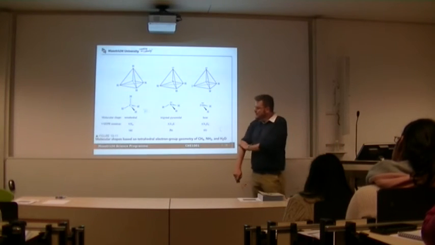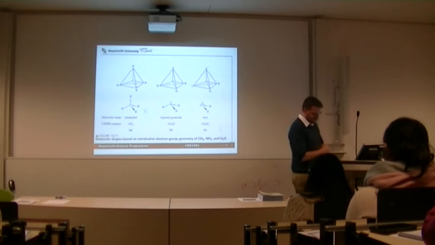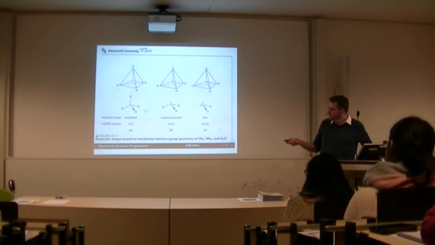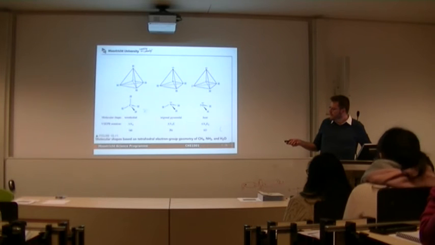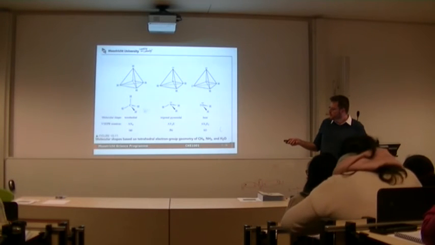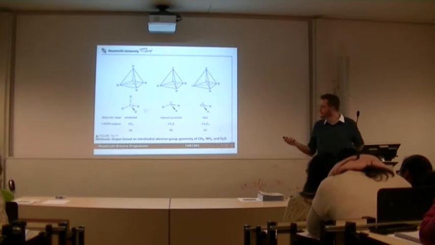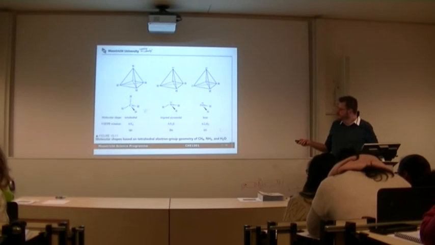So how this VSEPR works is we have a certain notation. X defines a bonding pair, A is the central atom, and E is a lone pair. So we have AX4, because we've got 4 bonding pairs, AX3E, because we've got 3 bonding pairs and 1 lone pair around A, the central atom, and for water, H2O, 2 bonding pairs, 2 lone pairs.